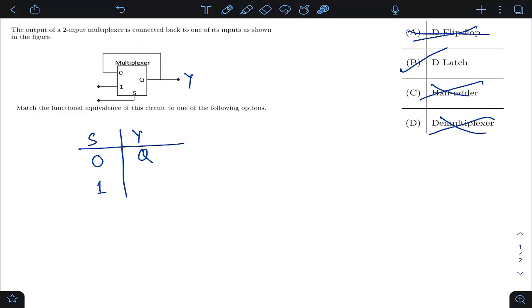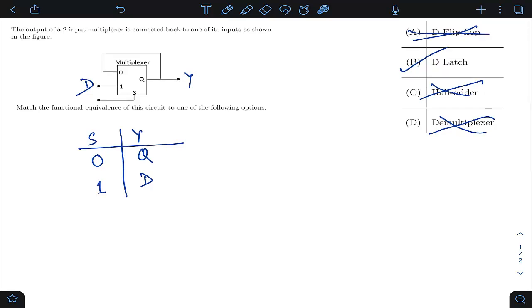And what about S equals 1? If S equals 1, then the input available on I1 will be transmitted to the output. I don't know what that input is, so let us name this D. What you are observing here is, whenever the select line is 0, the output will be the same as the previous state, because whatever is present at the output, the same thing will be available.